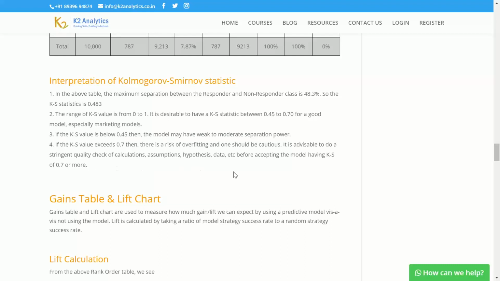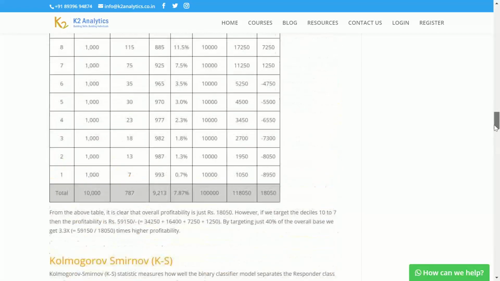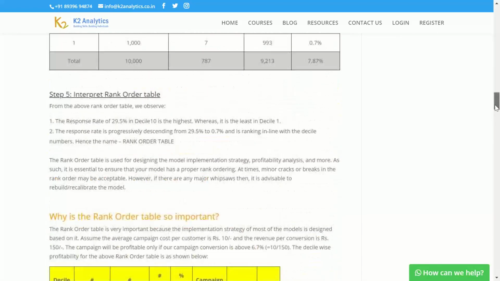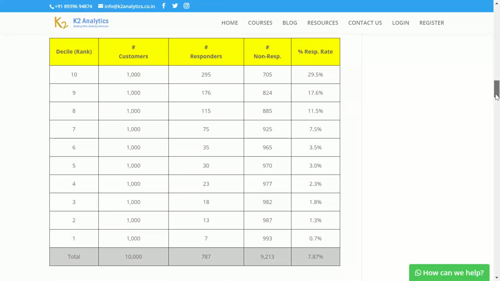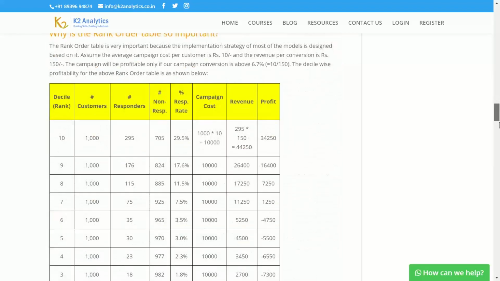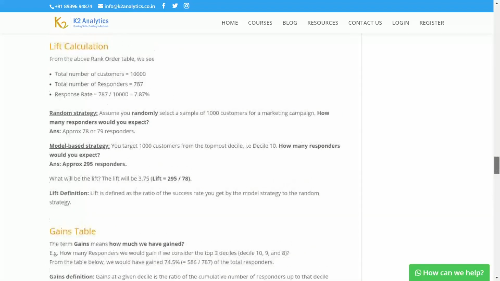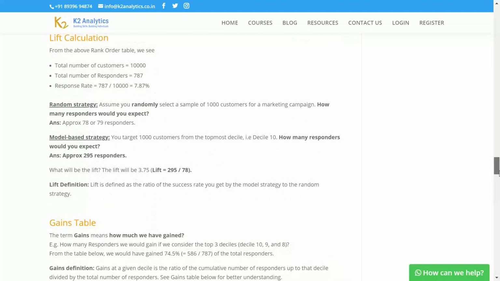Having explained the KS, let's see two more important model performance measures that are derived from the same rank order table. From this rank order table which we started, and this is why I said there is a lot of importance to this rank order, there are two more important things called the lift chart and the gains, lift calculation and the gains table.